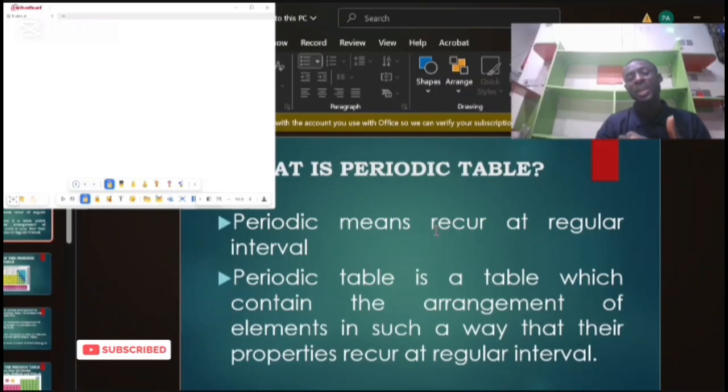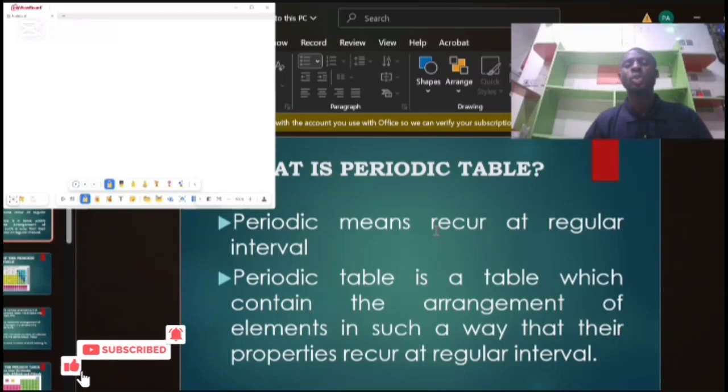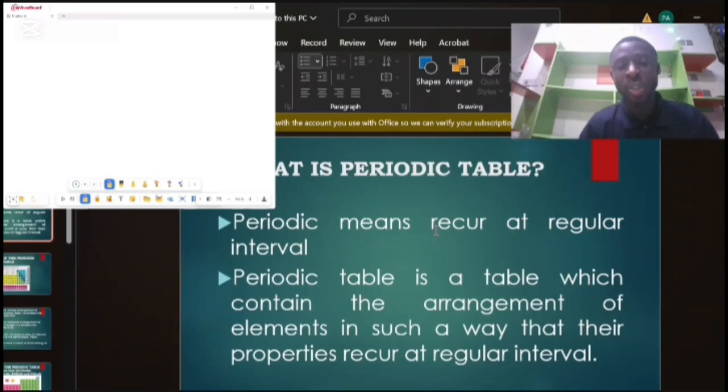Because that subject is always taken at that time, we say that period is assigned for that subject because that subject is taken at that time regularly. So when something occurs at regular intervals, that thing is what? Periodic.